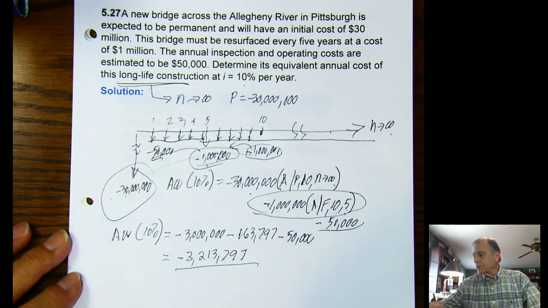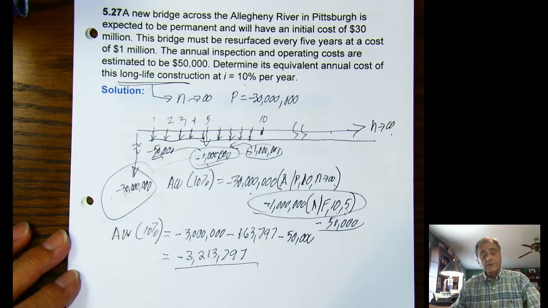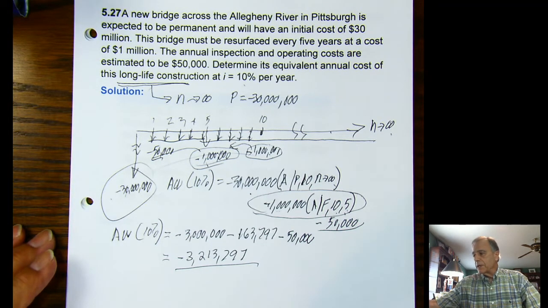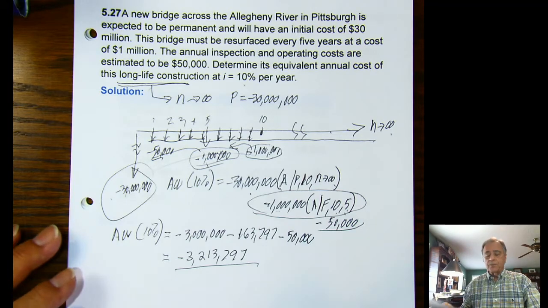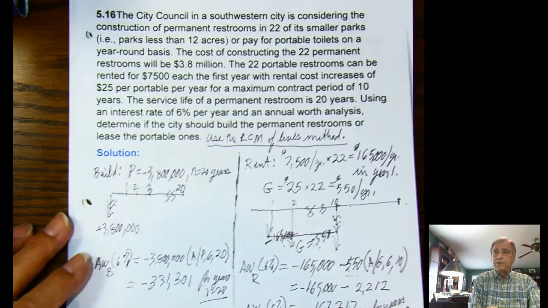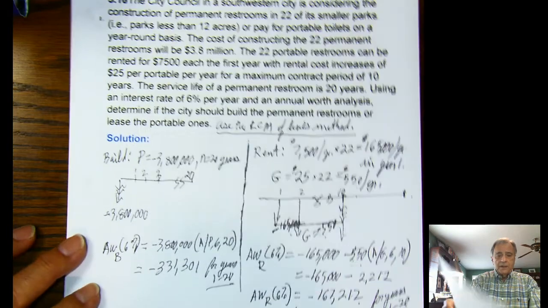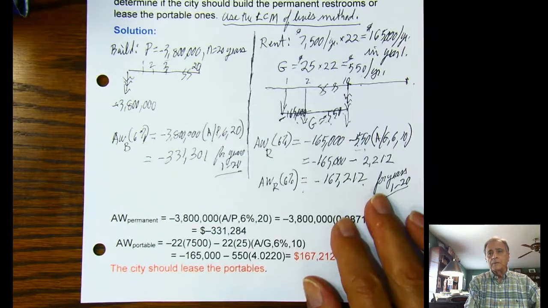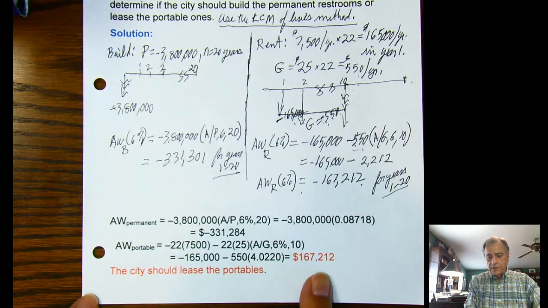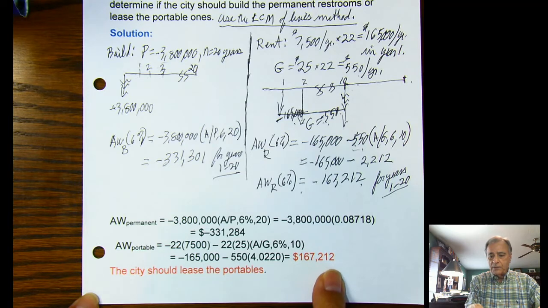In several of these problems, like I said, I got a number that's different from the answer key. For example, if I go back to problem 16, which we solved before, the author's answer is 167,212.